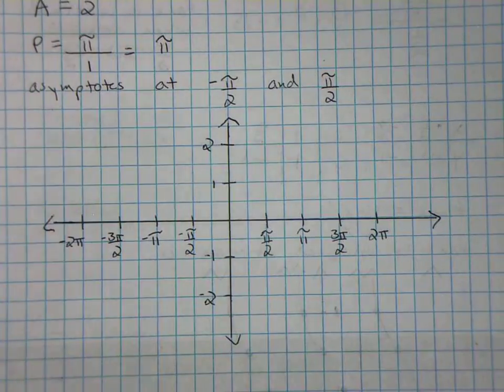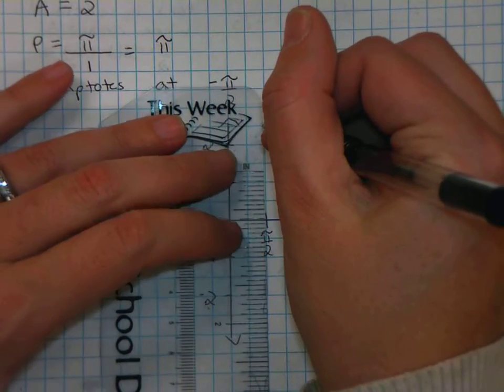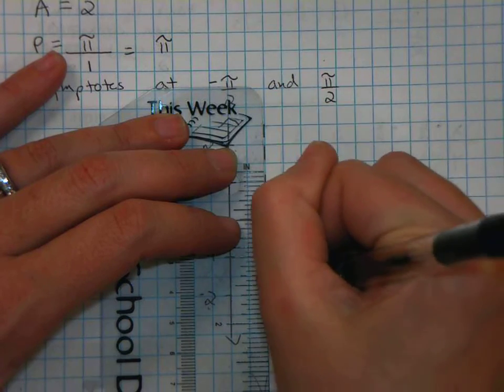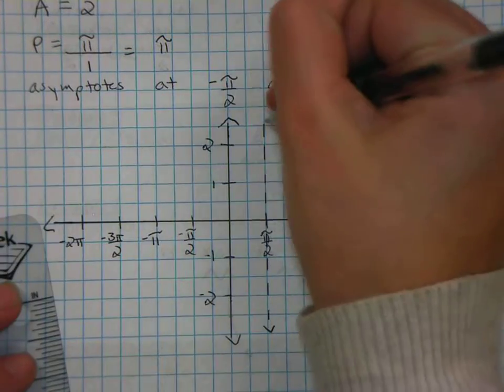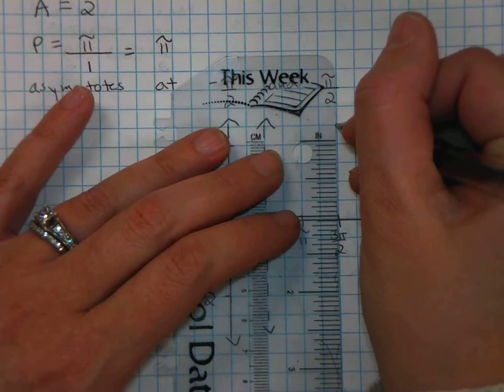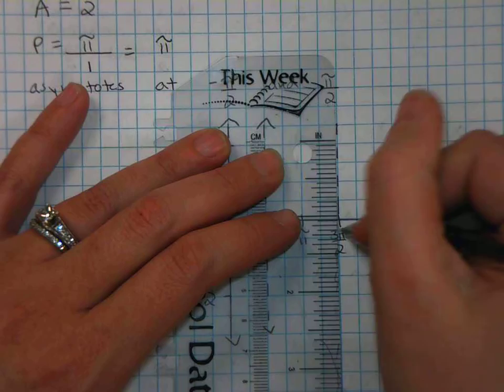I'm going to always start my tangent graphs out by graphing my asymptotes. So I'm going to start here. And you'll have an asymptote at every other spot following that pattern.